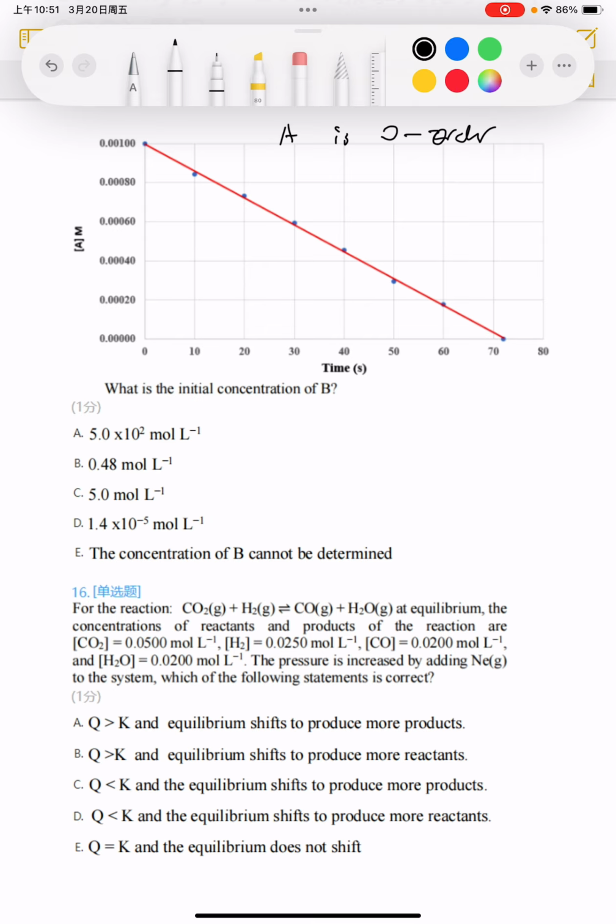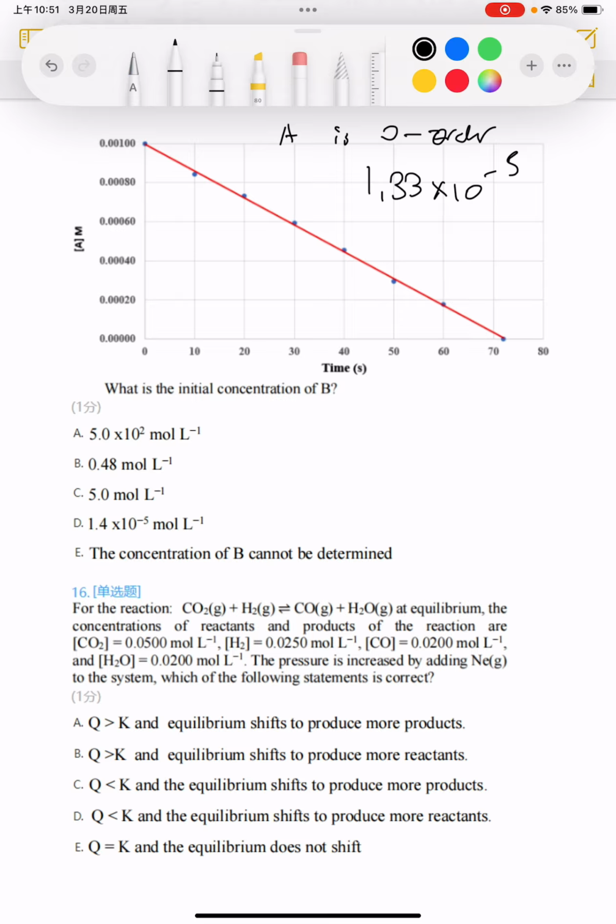So since A is zero order, this would mean that the slope of the line would be equal to the rate. So we can find that the slope of the line is 1.33 times 10 to the -5.